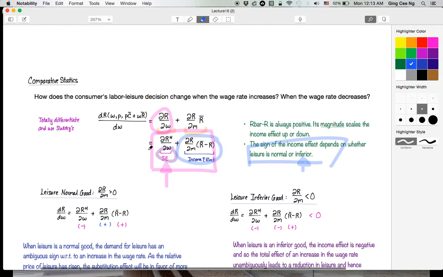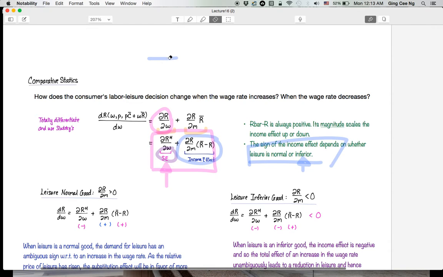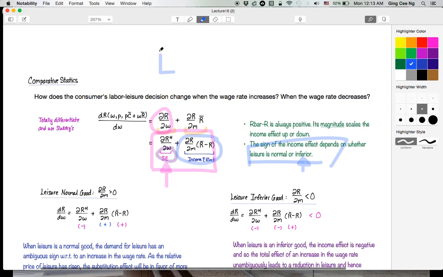But notice that if leisure goes up, that means labor supply goes down. In the other case, if leisure goes down, that means labor supply has gone up. That's because your total time endowment is equal to the sum L plus R.